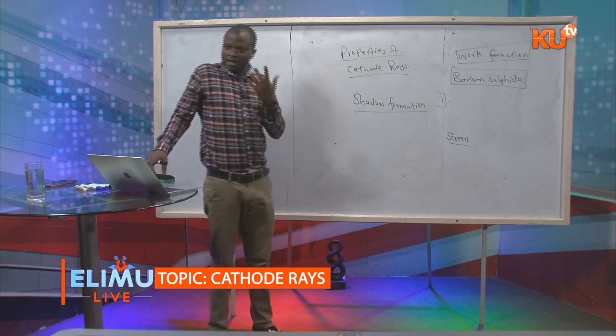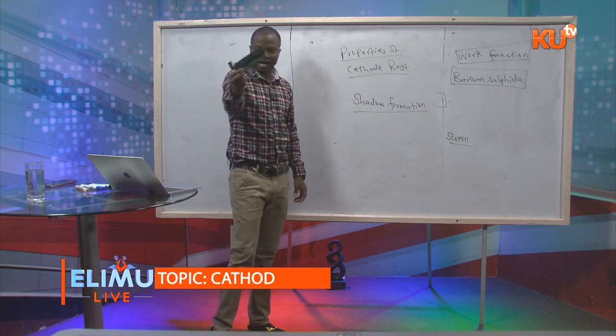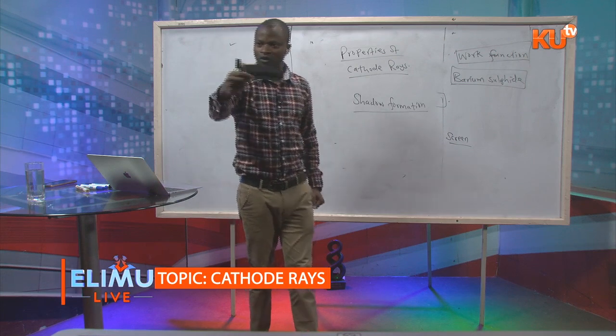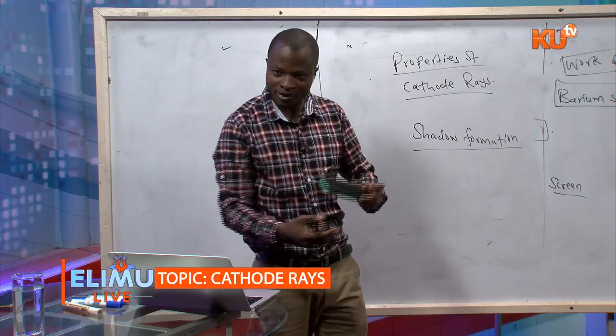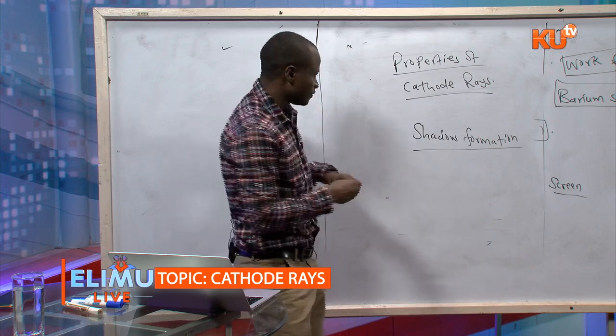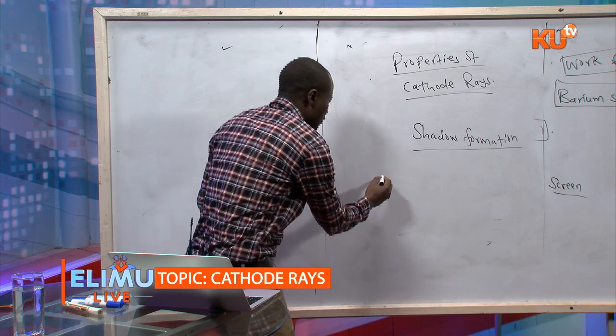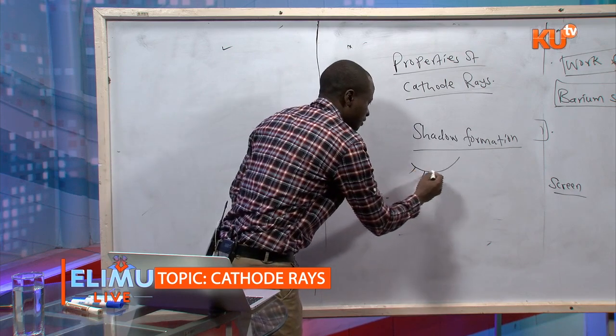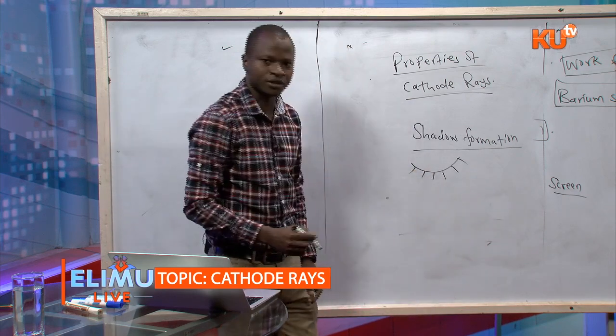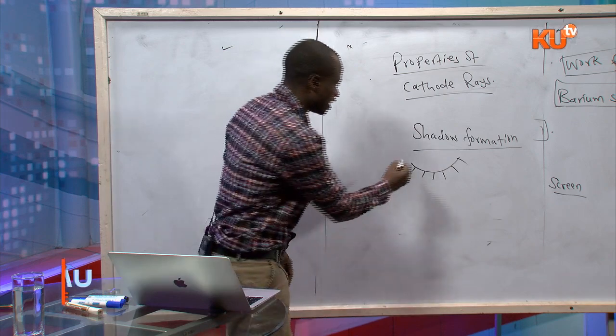You will actually say, if I take an opaque object in front of light, then a shadow is formed. Why do we form a shadow? Like if this is a source of light, let's say this is a source of light. What do you think is this? This is the sun, correct?